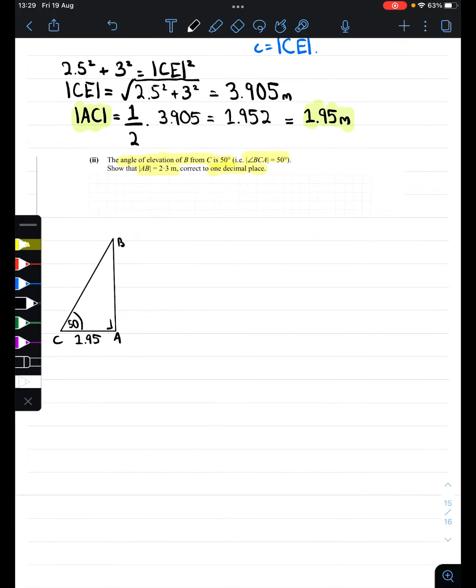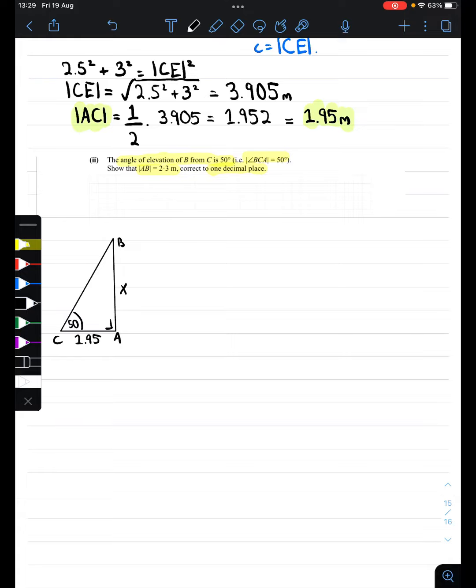Okay, so now we have a right angle triangle where we know the length of one side, we know one of the angles, and we're looking for this length here, AB.